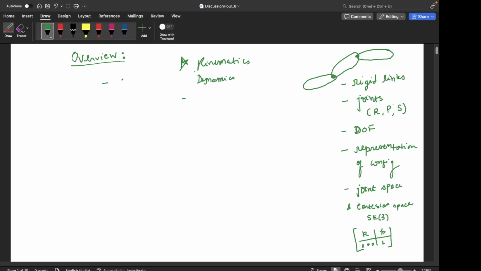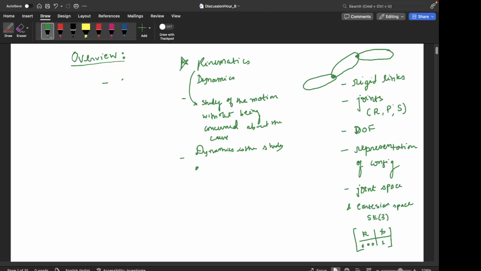Kinematics is the study, the analysis of the motion without being concerned about the cause, while dynamics is the study of the agency of motion, that is, with its cause.